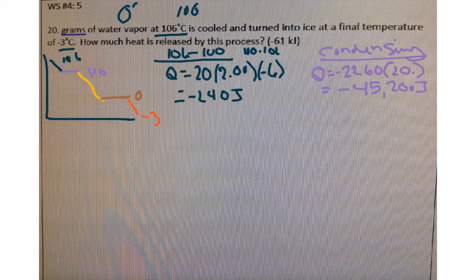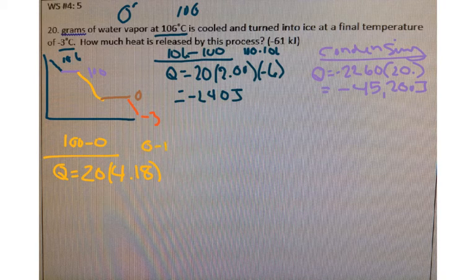All right. Now I'm ready to do the cooling down of liquid water, which is 100 to 0 degrees. Knowing that it's decreasing in temperature, I'm going to use that mCΔT formula. So Q equals, my mass once again is 20, my C value for liquid water is 4.18, and my delta T is 0 minus 100, which is -100, because it's final minus initial.